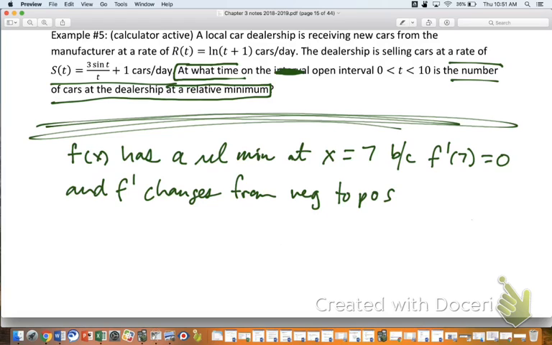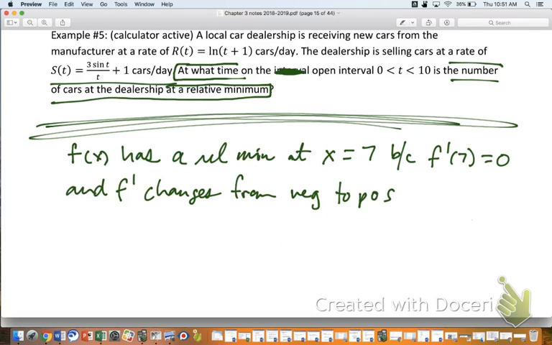Okay, so based on this, we are looking for a time when the number of cars is at a relative minimum. That's going to happen at a critical number. It's a critical number for something. And it would happen when the rate of change of cars does what? There it is. Changes from negative to positive.